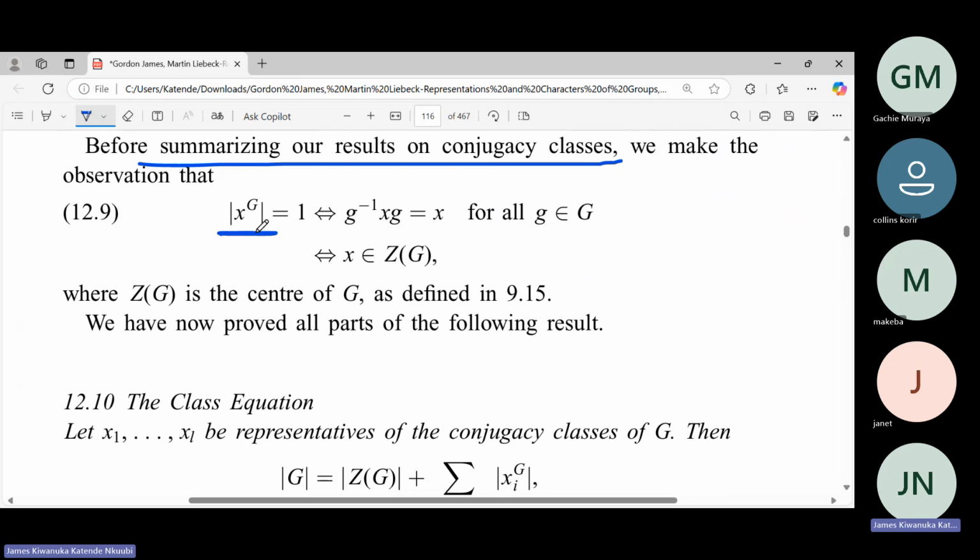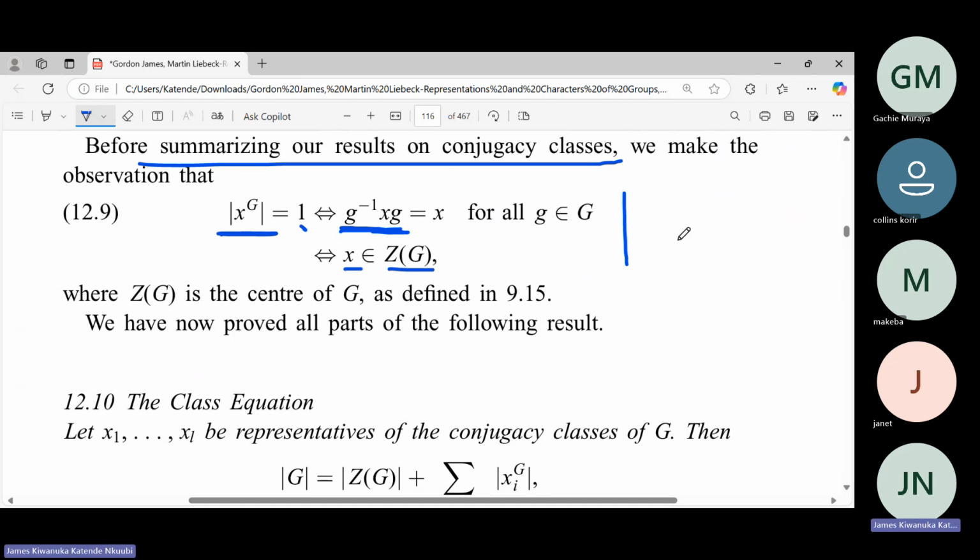This one claims the following: if the conjugacy class has just one element, then for all elements g in G, g inverse xg will be equal to x. So X commutes with all the other elements of the group, and therefore it must be in the center of G.